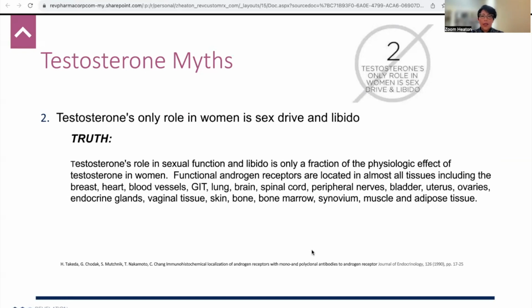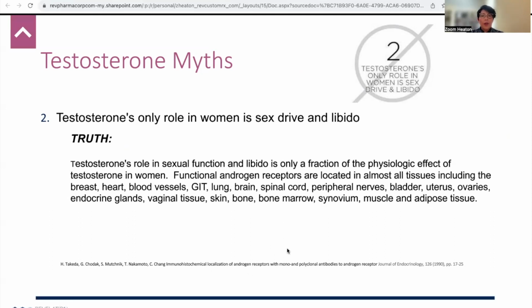That is totally not true, because there are androgen receptors located in basically all of your tissues, and that includes your breast, your heart, your blood vessels, your gut, your lung, your brain, spinal cord, your peripheral nerves, your bladder, your uterus, your ovaries, your endocrine glands, vaginal tissue, skin, bone, bone marrow, synovium, muscle, adipose tissue, all over from head to toe.